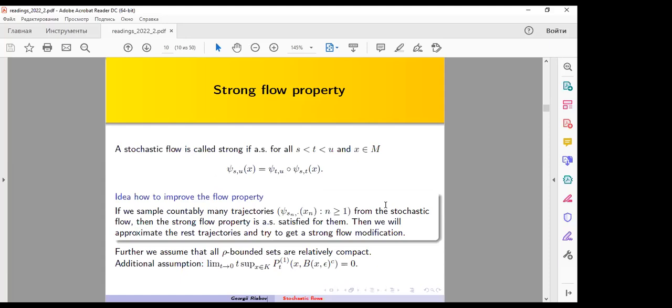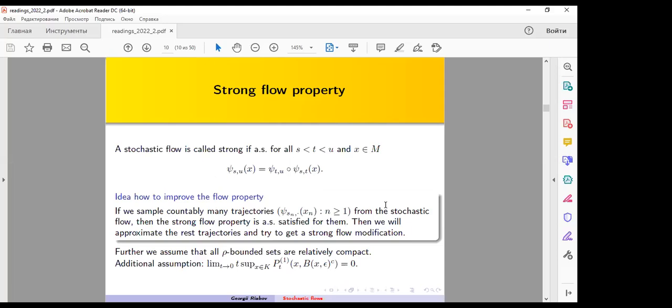Now, let's discuss how we can improve the weak flow property. We will say that a stochastic flow is strong if almost surely, for all s, t, u, and x, we have the flow property.